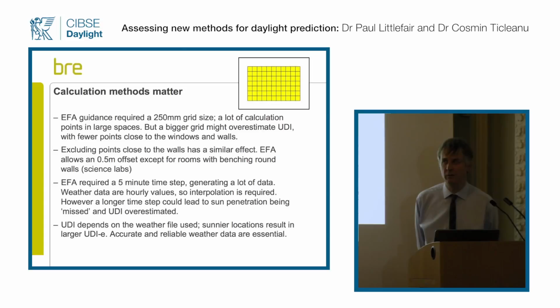One of the things we found, we did a study quite a long time ago, and one of the things we found was that diffuse daylight within the UK, this is not elsewhere, tended to be more just a function of latitude rather than how sunny the place was, because if you get really sunny skies, they tend to be sort of dark blue and not so bright.